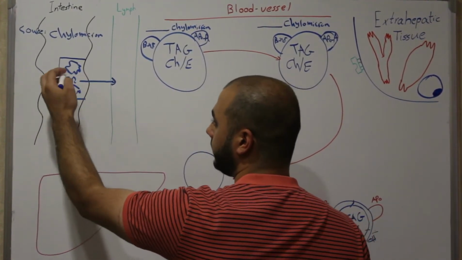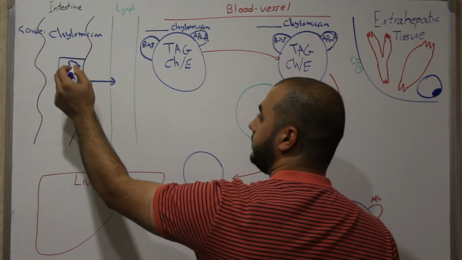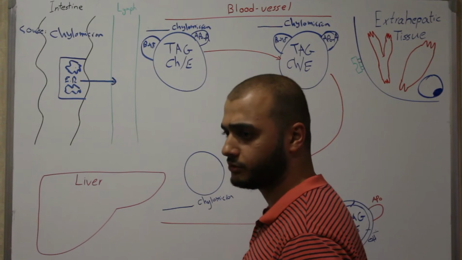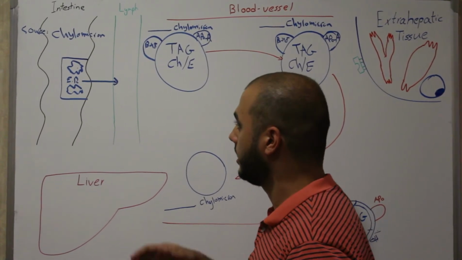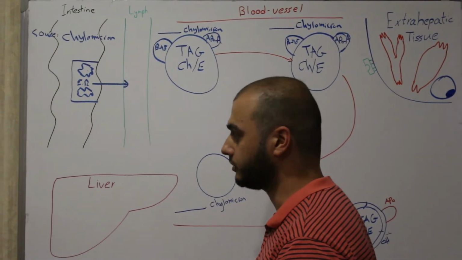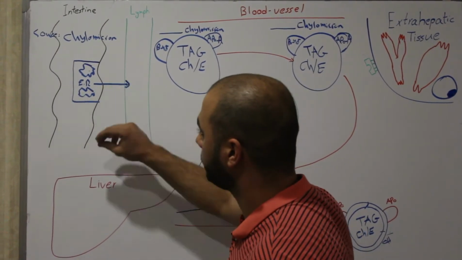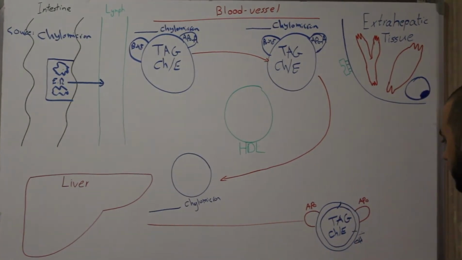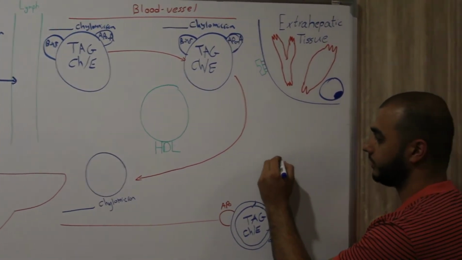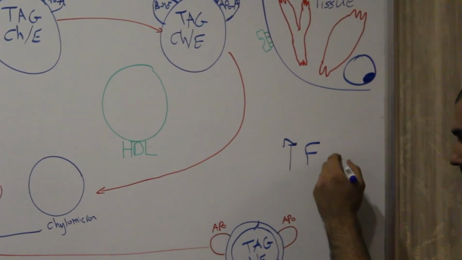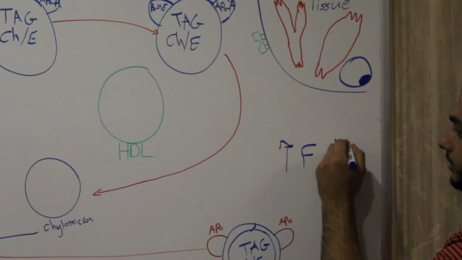Then after re-esterification, inside the endoplasmic reticulum there will be formation of the apoproteins that take part in the structure, and chylomicron will be formed. But before that, let's agree on something. Whenever there is more fat in a lipoprotein, this lipoprotein will be lower in density.